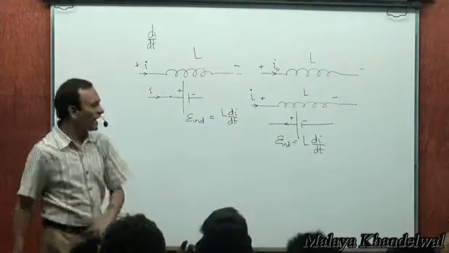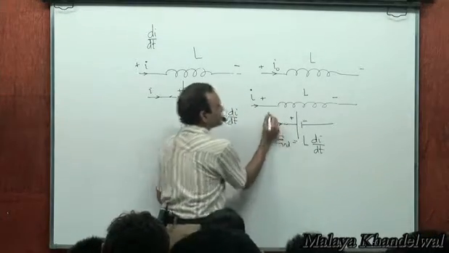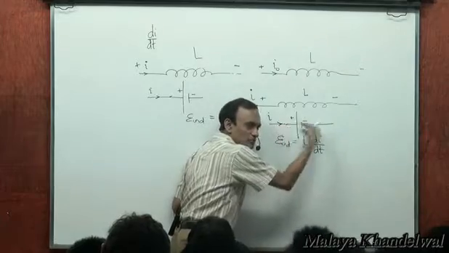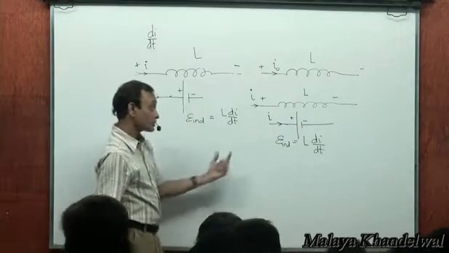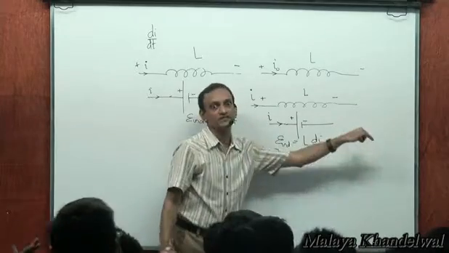Now, at a given instant, there is a current that I am forcing against this opposition. How much opposition? These many volts of opposition. I'm trying to drive a current.